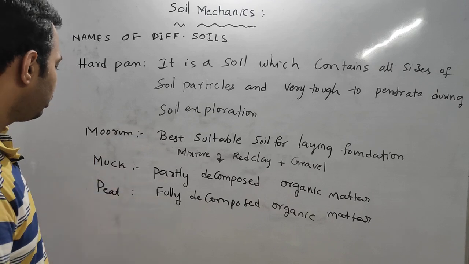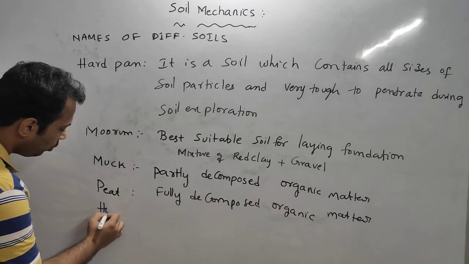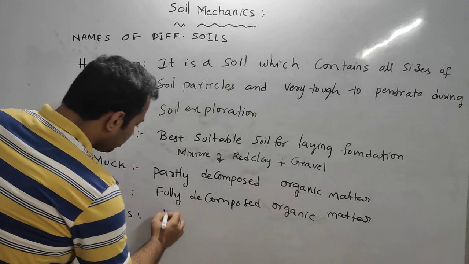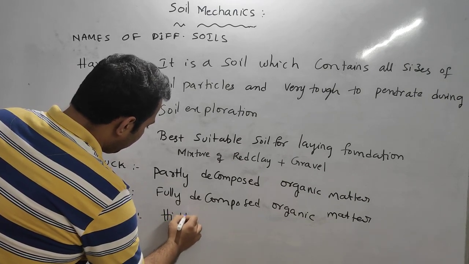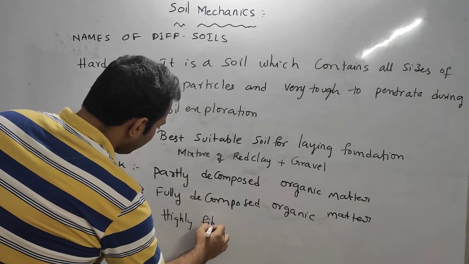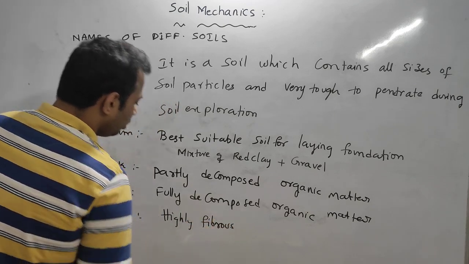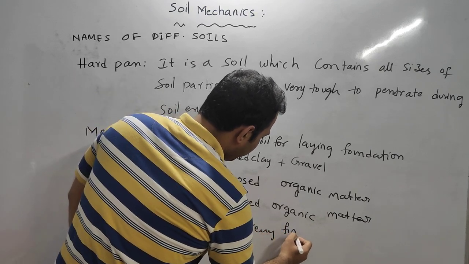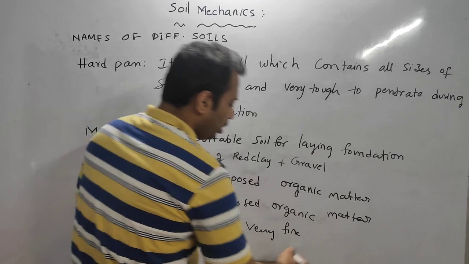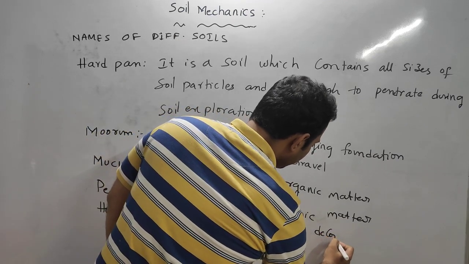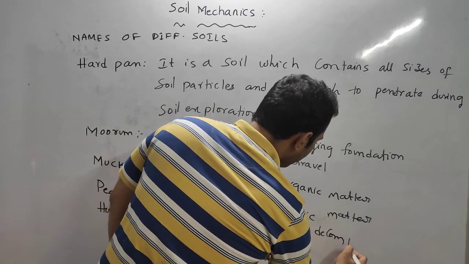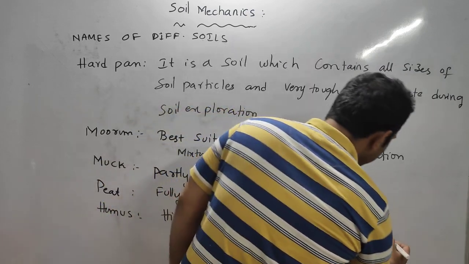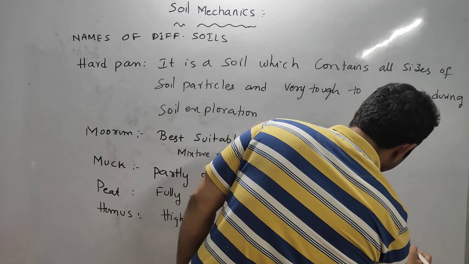These are all organic soils. Humus is also one kind of organic soil. Highly fibrous, very finely decomposed organic soil.